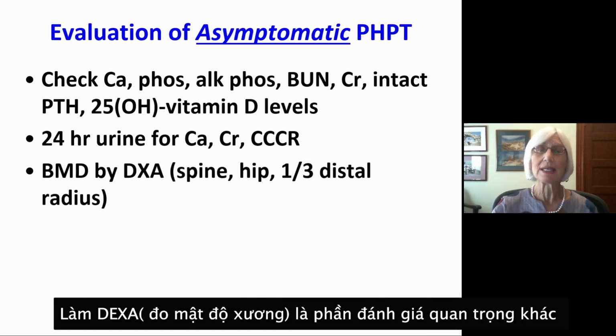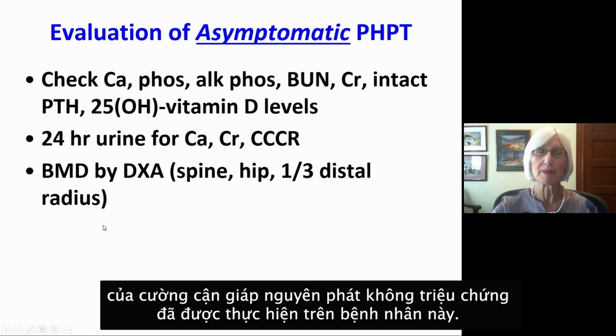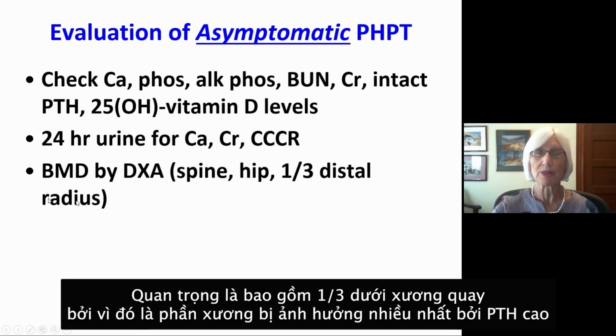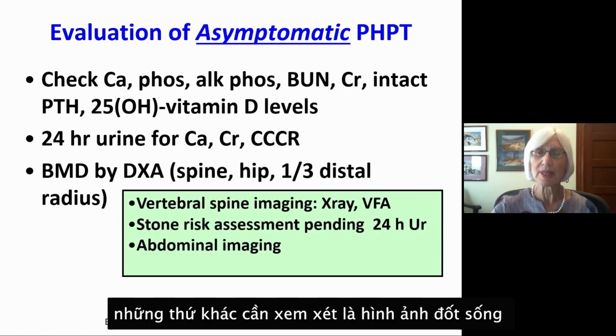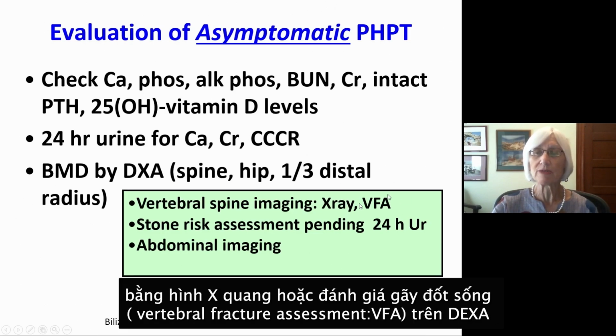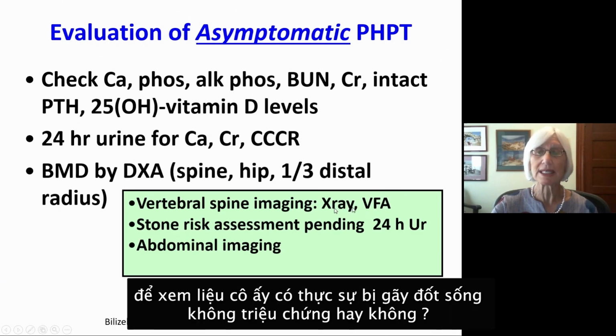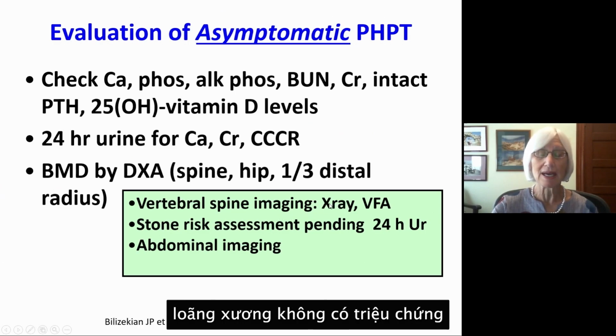Getting a DEXA is another important part of the evaluation of asymptomatic primary hyperpara and was done in this patient. Important to include the 1/3 distal radius, since that's the bone most affected by high PTH. Other things to consider are vertebral spine imaging by X-ray or vertebral fracture assessment on DEXA to see if indeed she has an asymptomatic fracture of her spine, a sign of osteoporosis.